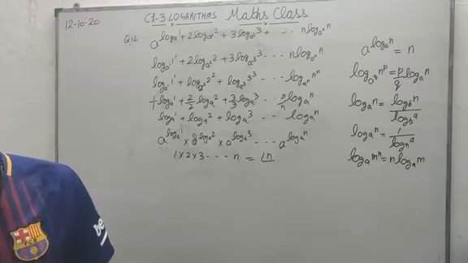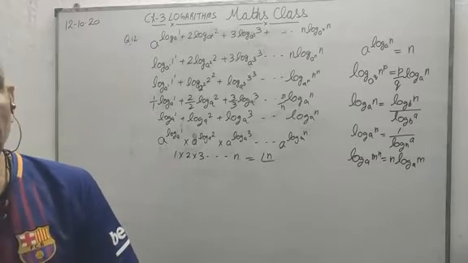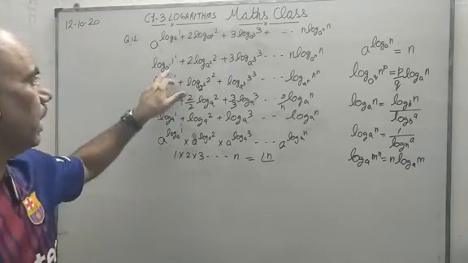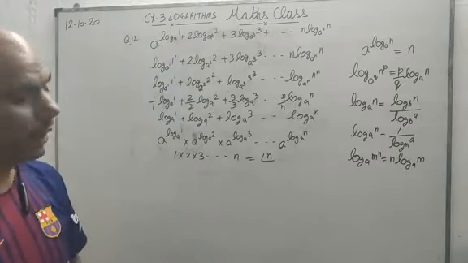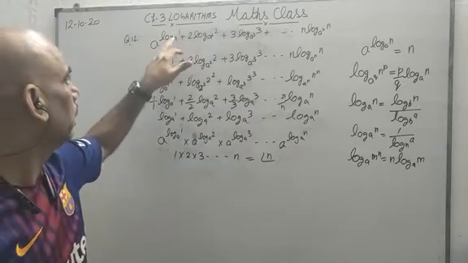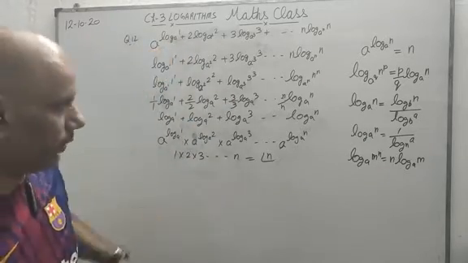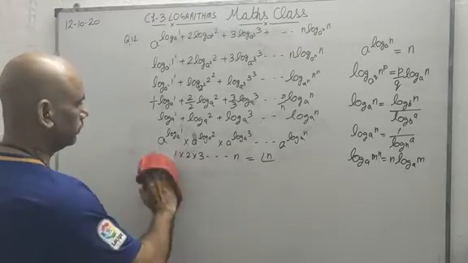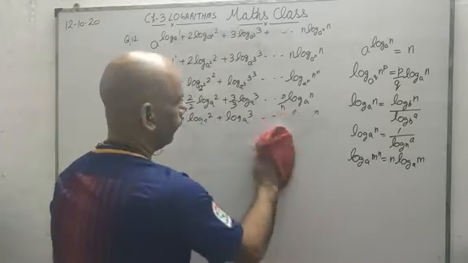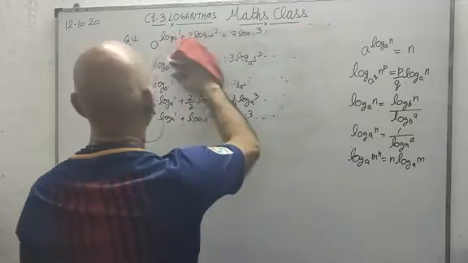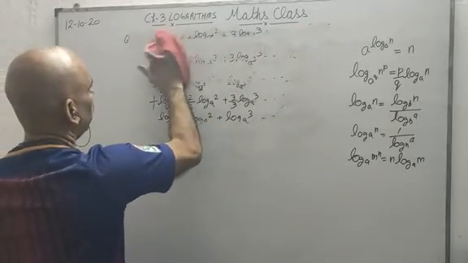Now sometimes the base will not be clearly a. You will have to change the base of the log as well as the base of the power exponential. That has to be done in question number 13.